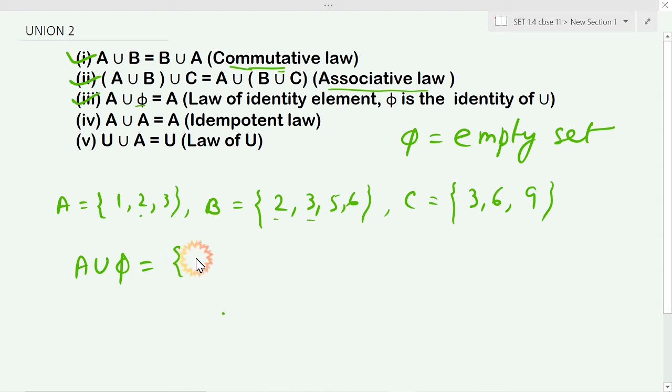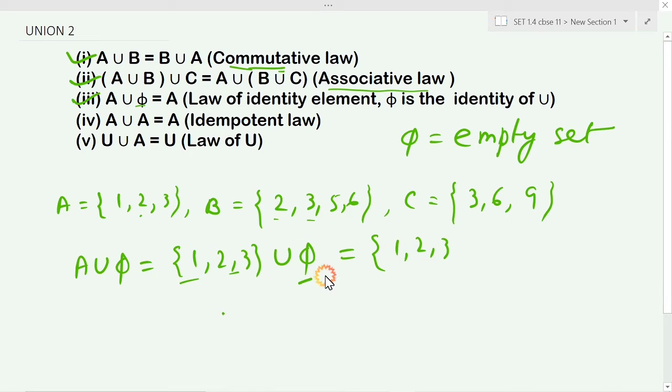So first of all we write A union phi. So phi contains no element. And what is union? Union is a set which contains elements of A or elements of B. Okay. So there are no elements in phi. So A union phi contains the elements of A, that is 1, 2, 3.